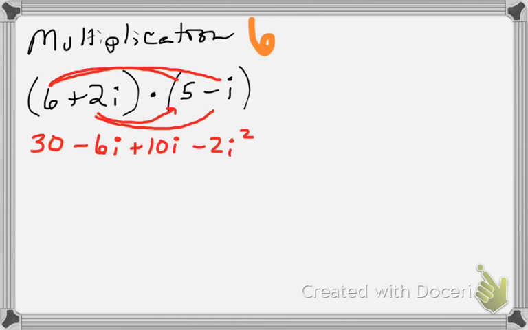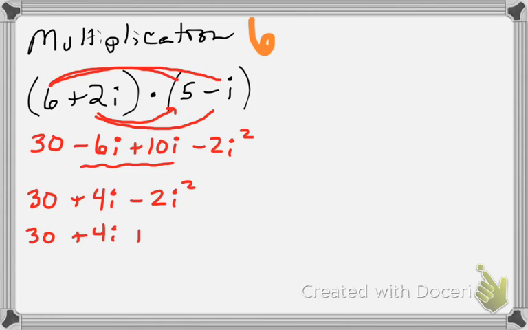Before this chapter, once we combine our terms in the middle, we would be done at that point. But now we know that i squared is equal to negative 1. So what we can do is replace the i squared with negative 1.